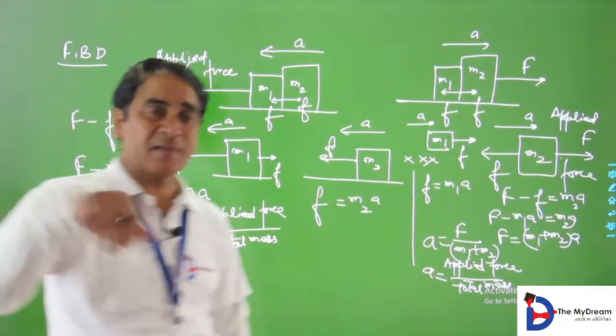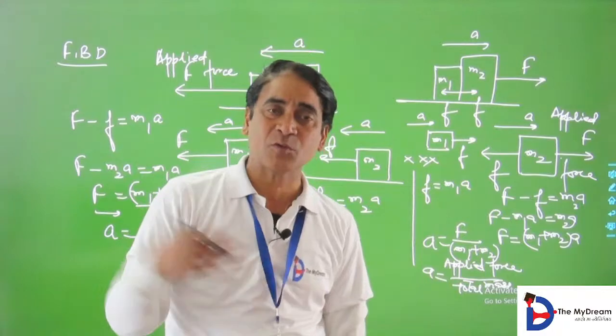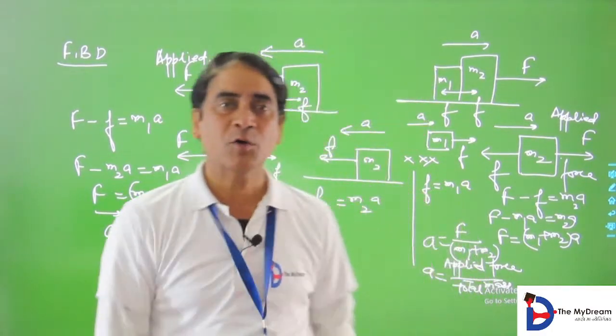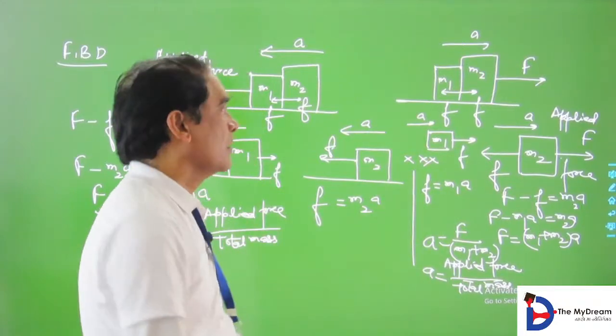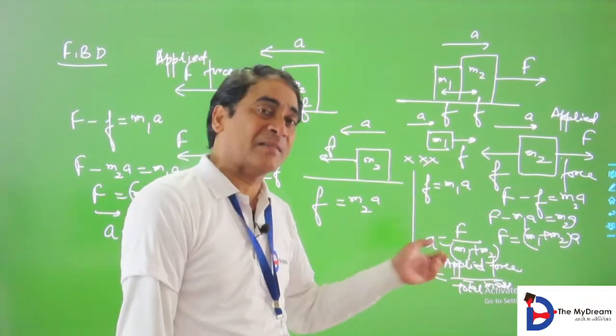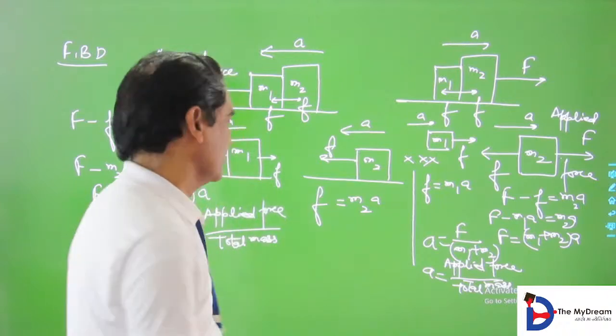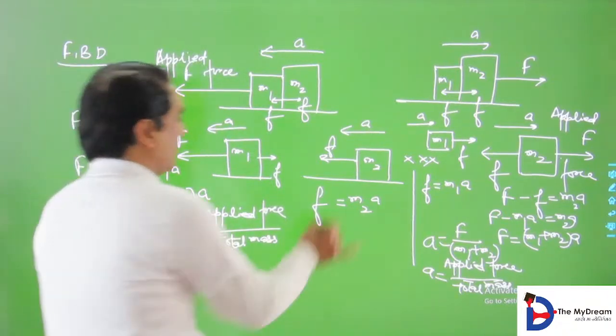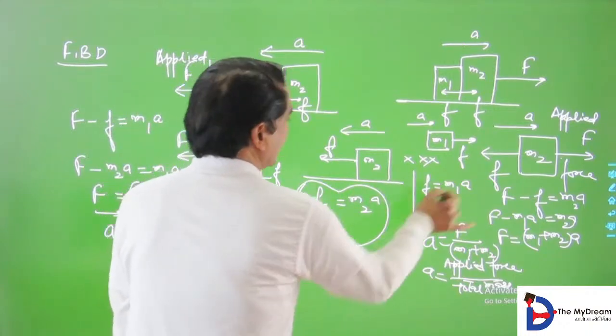In these two cases, we are applying the force towards left or towards right with the same magnitude. The magnitude of the acceleration remains the same, but the magnitude of the contact forces are different.